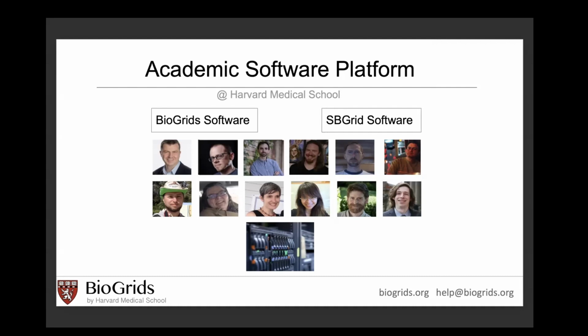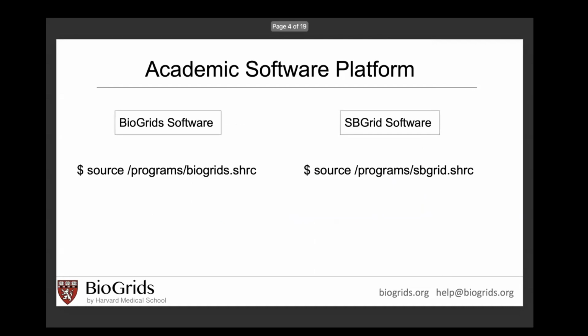No change to system level libraries or things like that. No change to user startup shells or paths, nothing like that. So adding BioGrids is effectively an add-on, if you will.